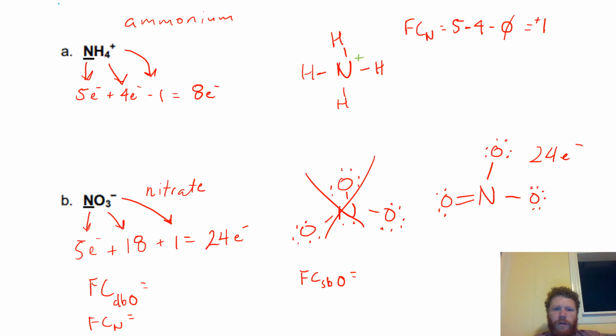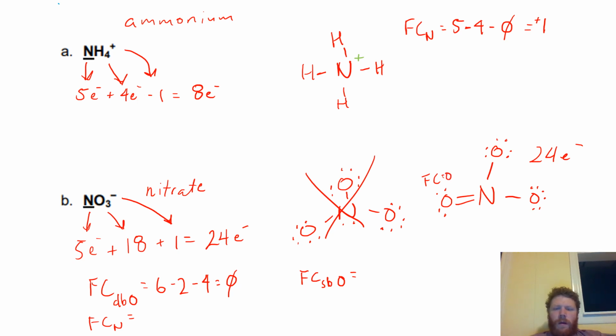For our double bonded oxygen, we are bringing in 6 valence electrons. That double bonded oxygen has 2 bonds minus 4 unshared electrons. So 6 minus 2 minus 4 gives us 0. So this oxygen has an FC equals 0.